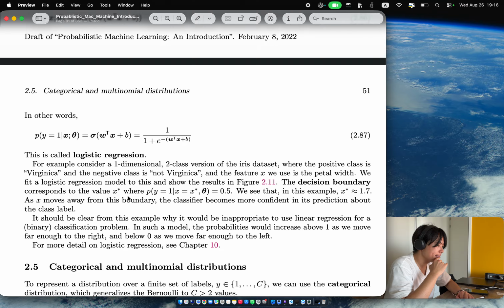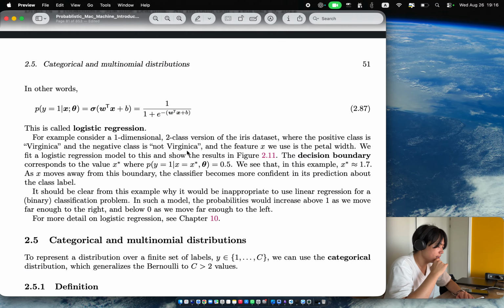The logistic regression is also called the decision boundary, simply because the function can take a specific value and produce a certain range of probability.